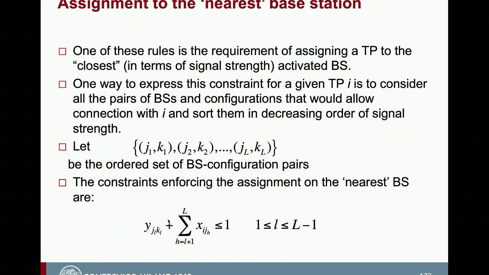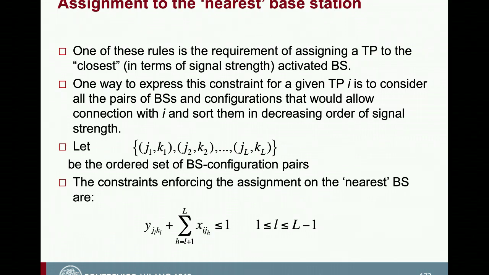If the first candidate site is the one where we have the variable equal to 1, which means that we have installed the base station, then the sum of the other assignment variables will be forced to be 0, which means that the only variable x that is allowed to be 1 is the first one. So we are assigning the test point to the first base station.